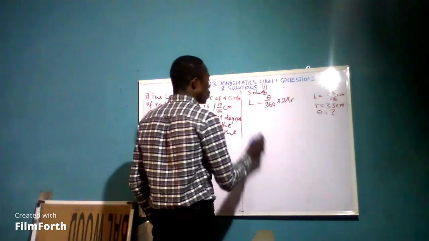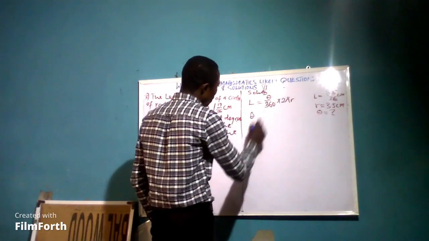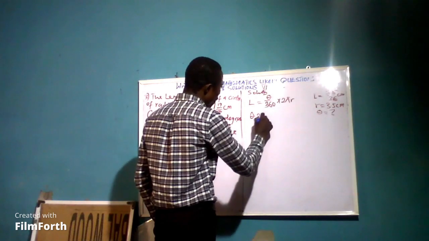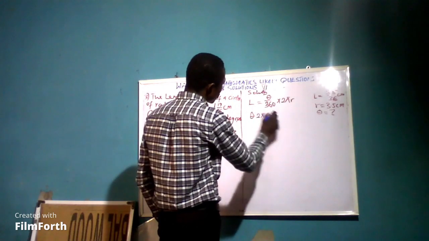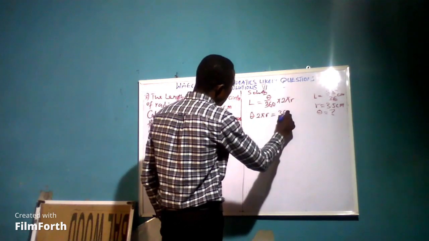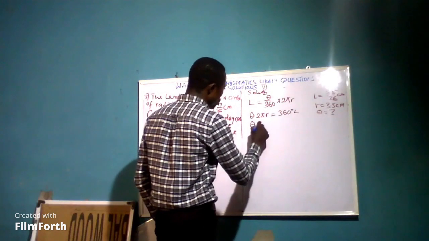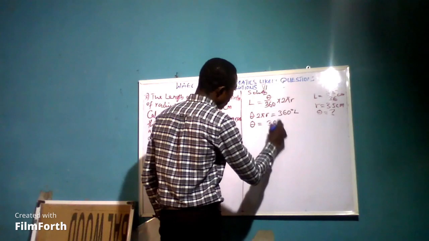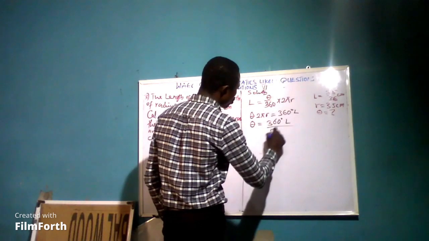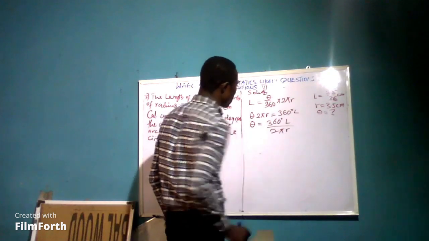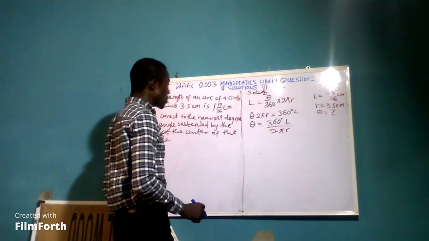We find theta by making it the subject of the formula. If we do cross multiplication, we have theta times 2 pi r equal to 360 degrees times L. So theta is equal to 360 L all over 2 pi r. Okay, then you can substitute in those values that are given in the question.